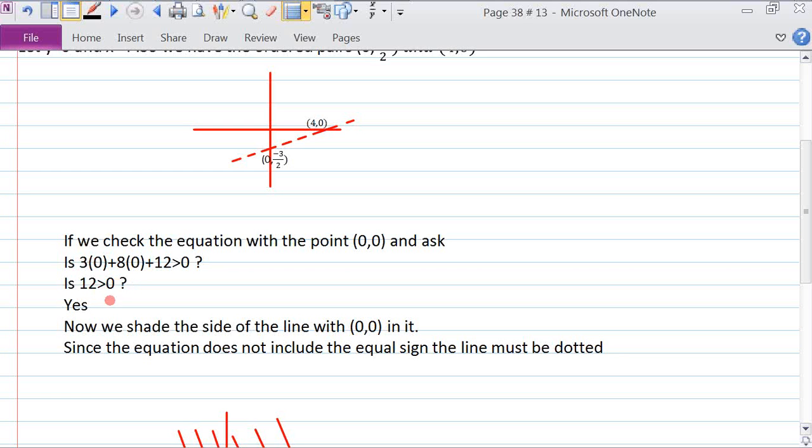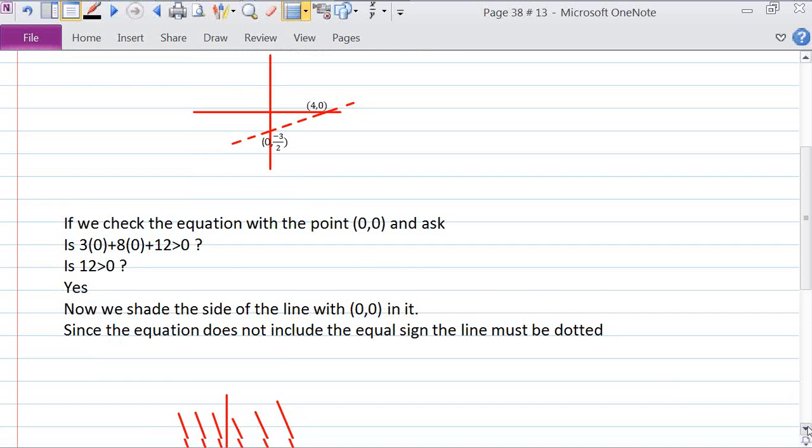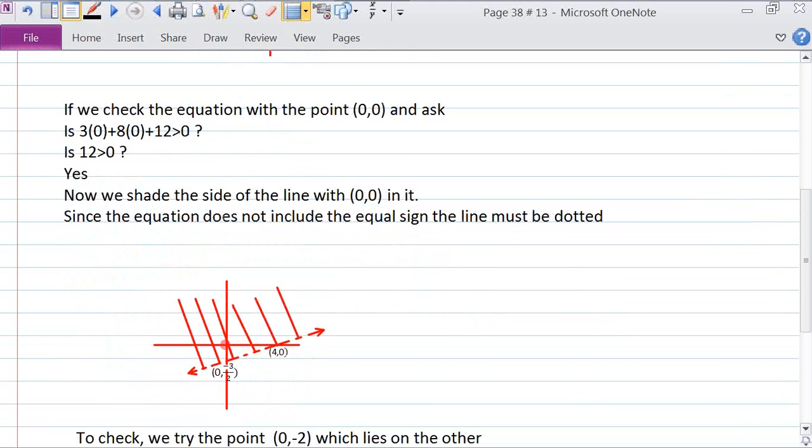Is 12 greater than 0? And the answer is yes. So now we shade the side of the line with 0, 0 in it, and it looks like this right here. So here's 0, 0 right here, and we shade on this side of the line, all of this, not on this side of the line.